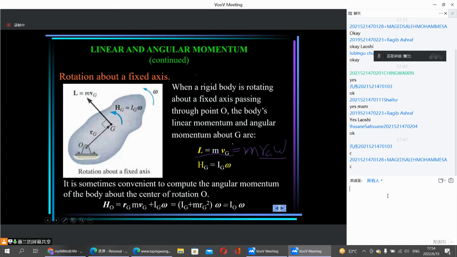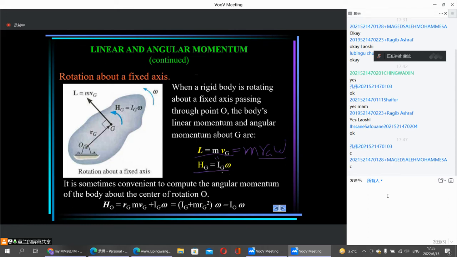Because for a rigid body which is rotating, any point on the body has a circular path, and the velocity is perpendicular to the radius and equal to the distance to the rotation center times the angular velocity. So this is for linear momentum, and its angular momentum we can also calculate about the gravity center, which is still equal to IG omega. Again, you replace m with IG, and vG with omega.